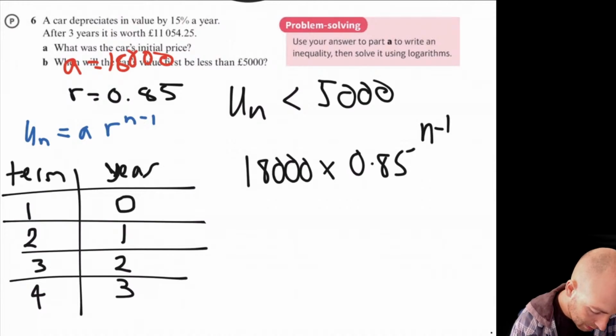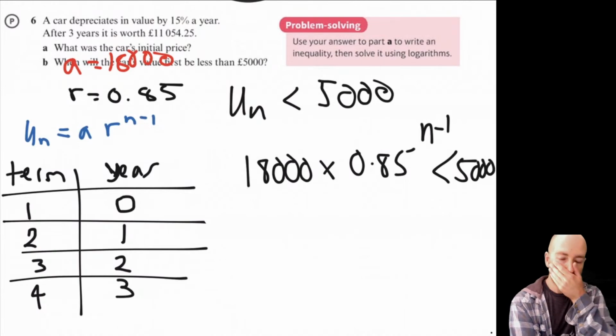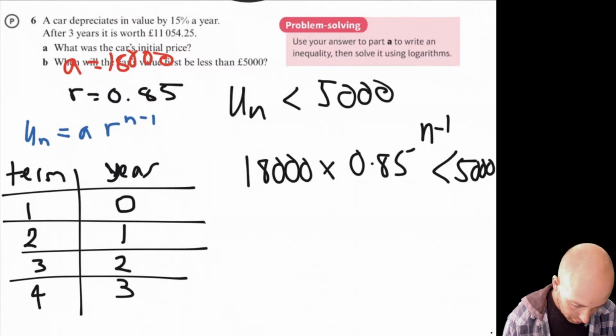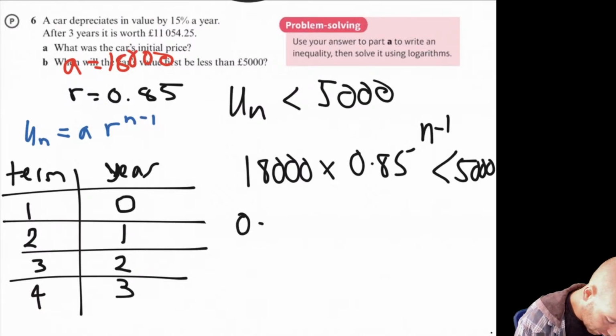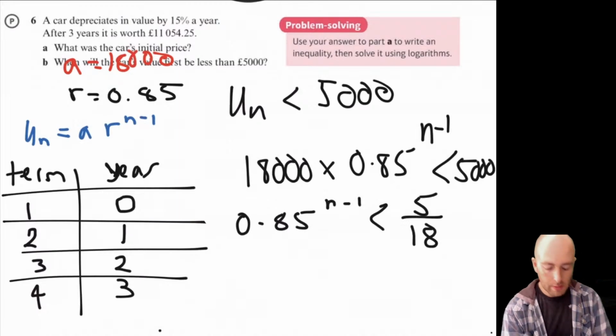We want this to be less than 5,000. Okay, so I can divide each side by 18,000, which gives me 0.85 to the n minus 1 is less than 5/18.